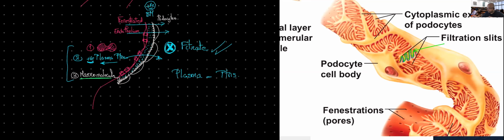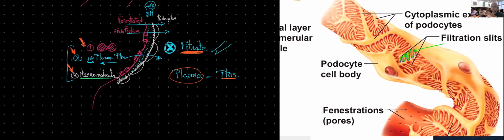All right? Other than those three. Again, what are the three things that you do not filter across the filtration membrane normally? Blood cells, plasma proteins, and macromolecules. So the filtrate is going to contain everything that the plasma has without the protein.